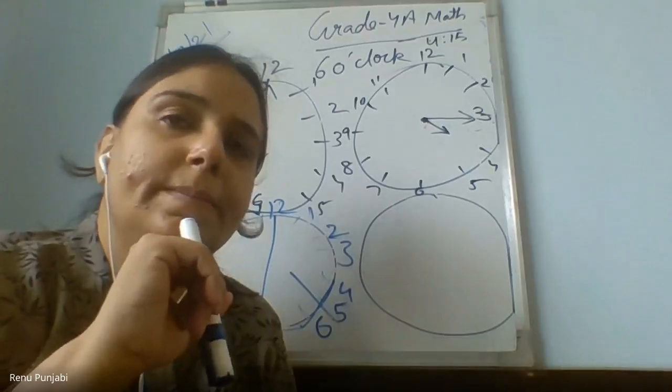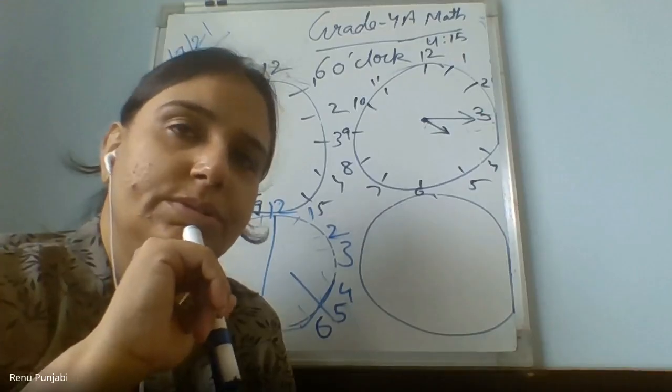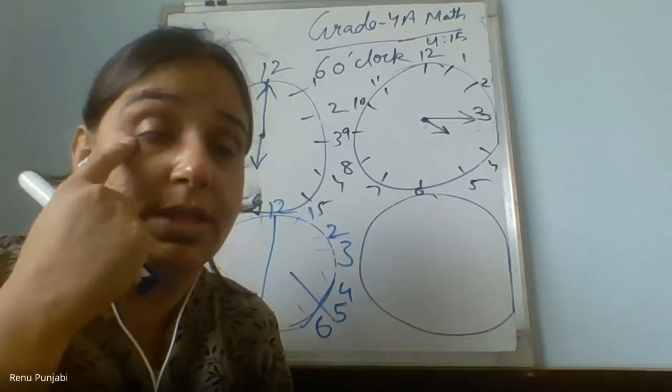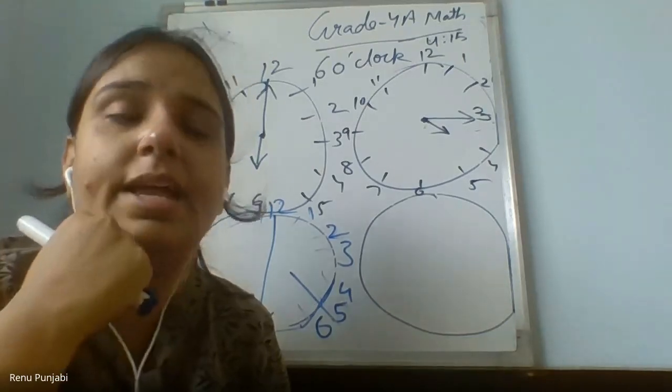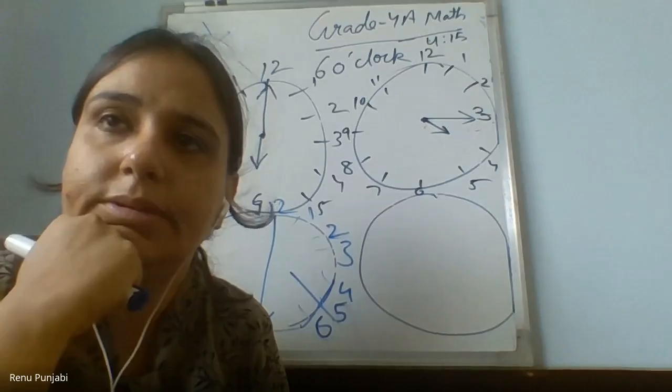Draw hands. Yes, Vedi. Ma'am, I had a doubt. We have to write AM also and PM also. No. And we have to write numbers in the clock only, no? You only draw the hands. Yeah, numbers and the hands. Okay, ma'am.